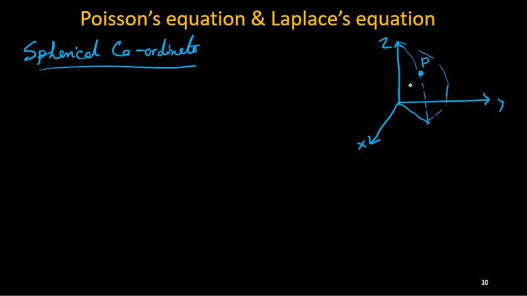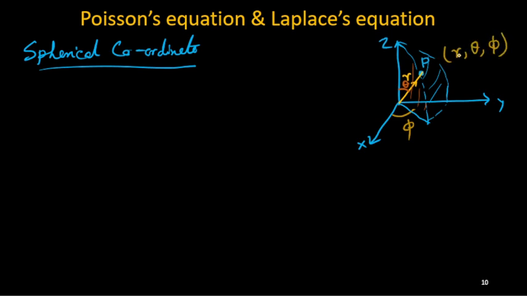This is one point P on the surface of a sphere whose radius from the origin is r, and the angle with the vertical z-axis is theta, and this plane is making an angle phi. So the coordinates are r, theta and phi.